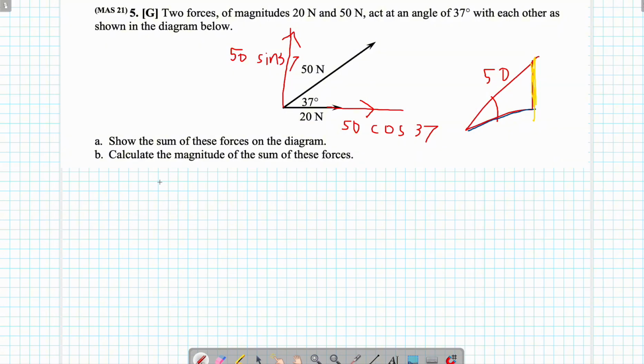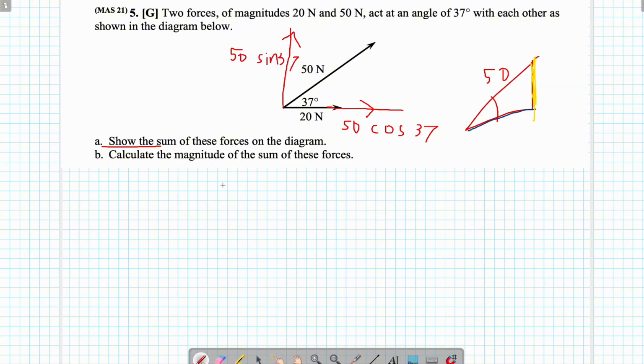Okay, now the sum of the forces. What they're asking for is the x and y components. So for the x component, we're gonna add 50 cosine 37 to 20.